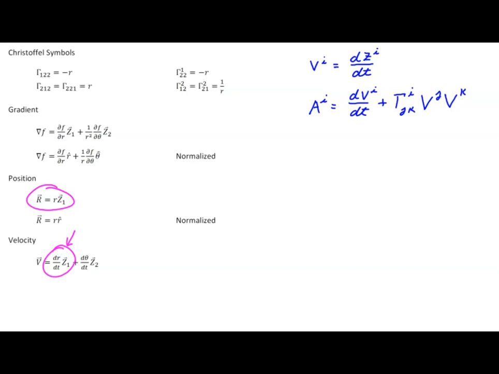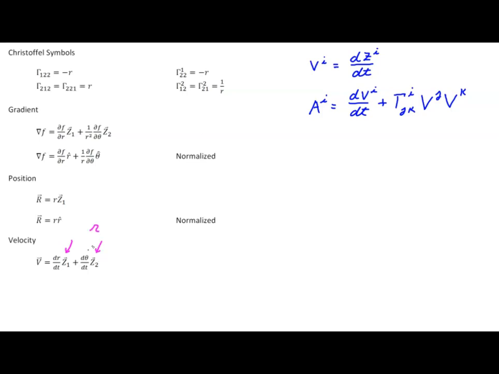The velocity may well include a theta component. Just because r always points in the z1 direction doesn't mean that it's moving in the z1 direction. It could be moving in the z1 or the z2 direction or a combination of them. Okay, next let's normalize this. And this time we can replace z1 with r hat, but z2 is not a unit vector.